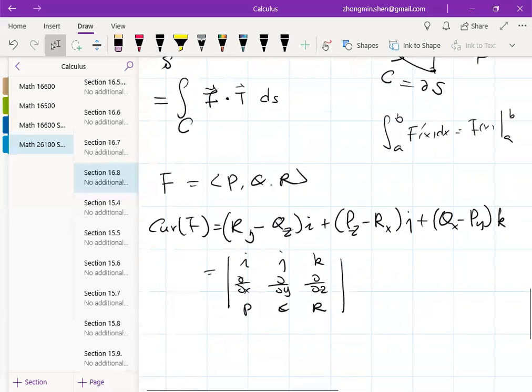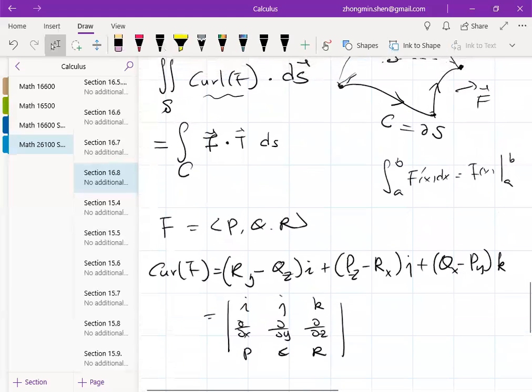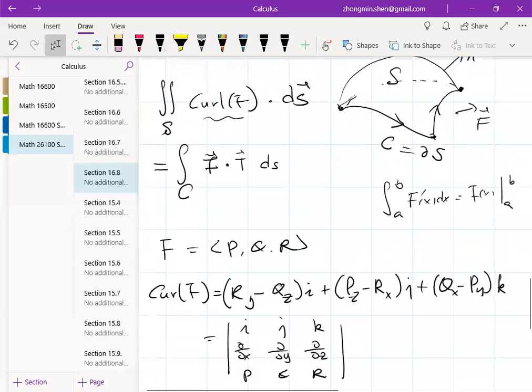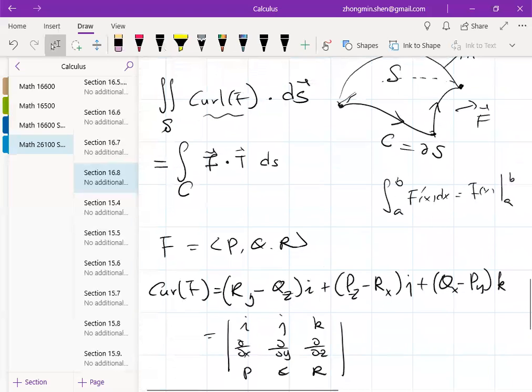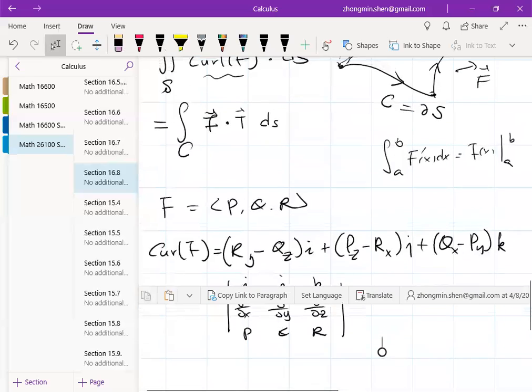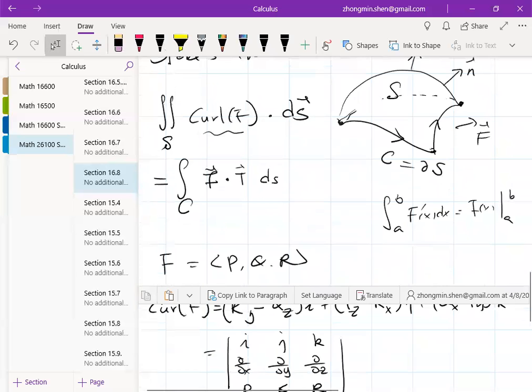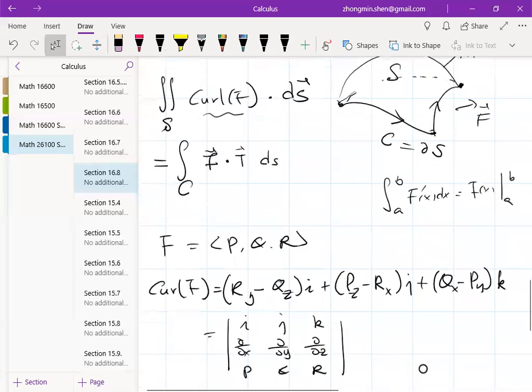Okay, so dS is just the normal vector times the surface element. Then using that you can convert. You have three functions and three variables.